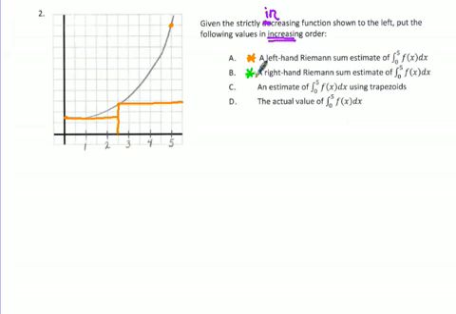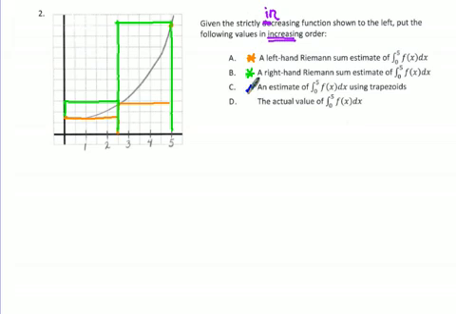If I do a right-hand Riemann sum, which I'm going to do in green, sorry, went a little too far there. The right-hand sums are going to look like this. Obviously, those sums go well above the value of the function.